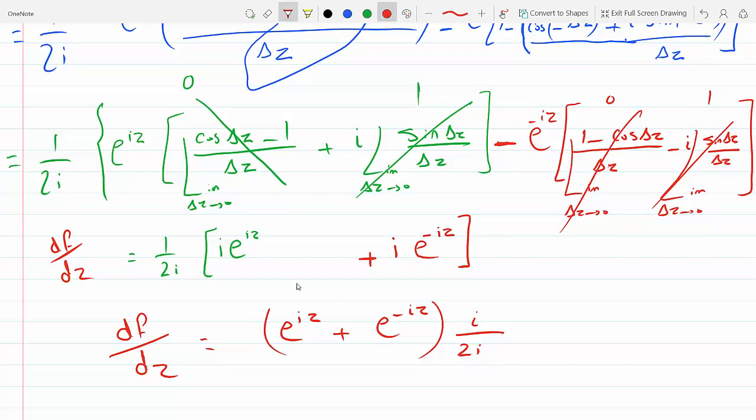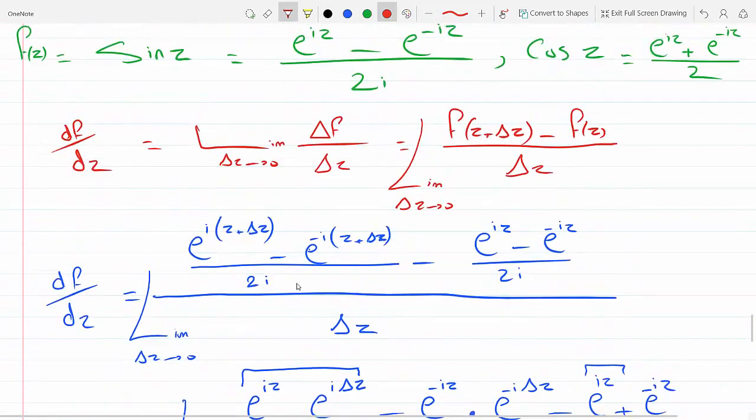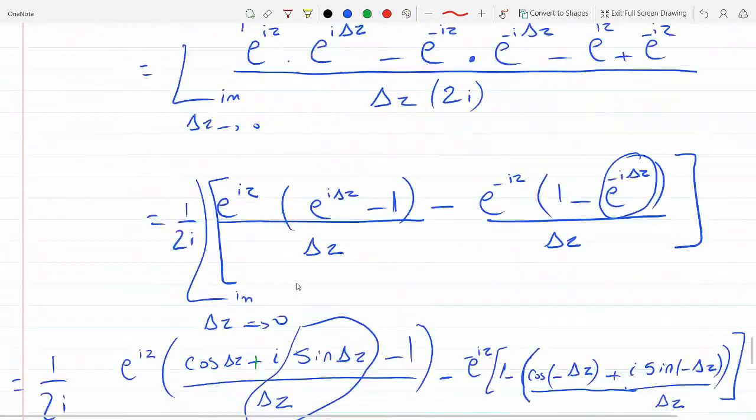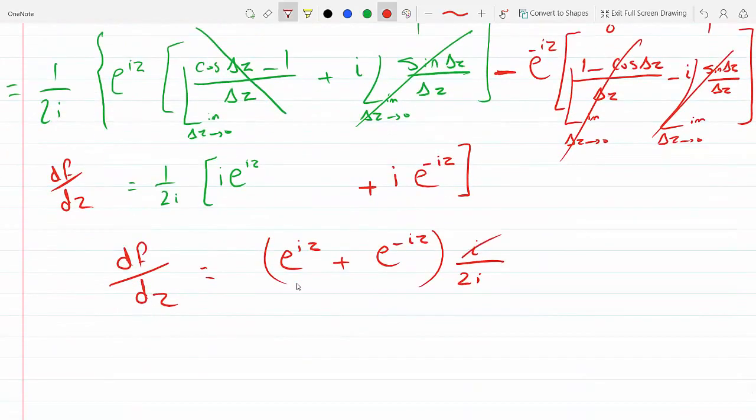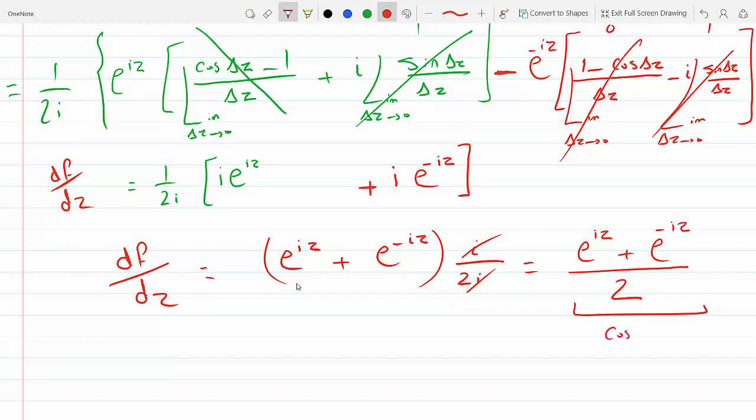You could cross out the I, fair enough. Or multiply up and down by I, you get minus 1 over minus 1. So you end up with e to the iz plus e to the minus iz over 2. And what's this? Cosine. So this here is cosine z.